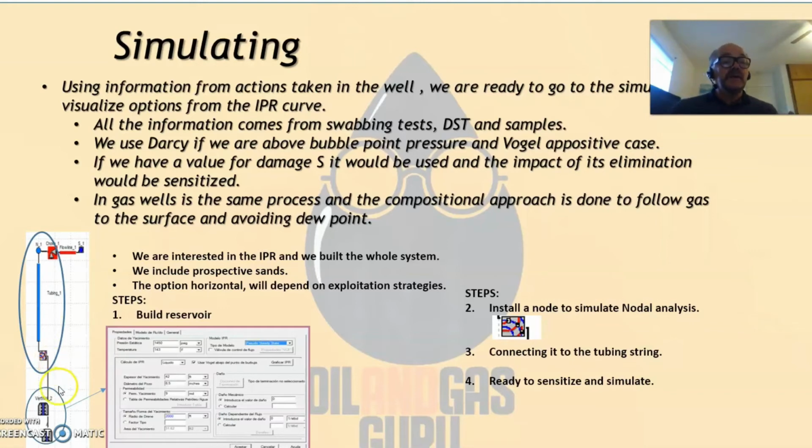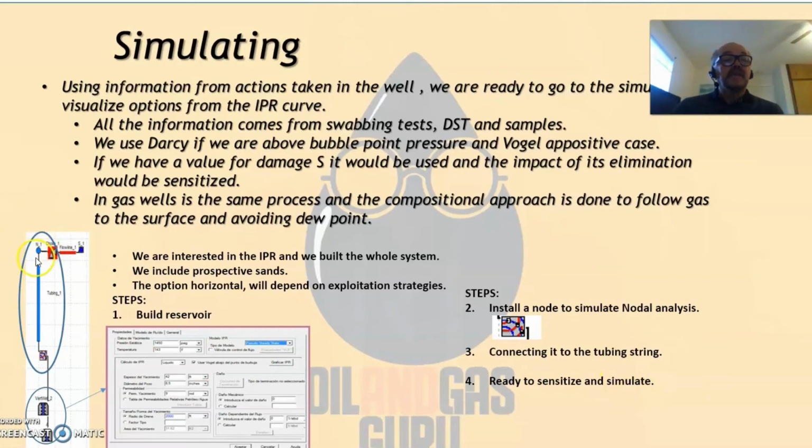Right now we're interested in how much the reservoir can put in the well, and then we sensitize the actions like frac, stimulation, whatever we are seeing as options to improve or to optimize the inflow. So we connected the nodal analysis node to the tubing, and we are ready to sensitize and simulate.